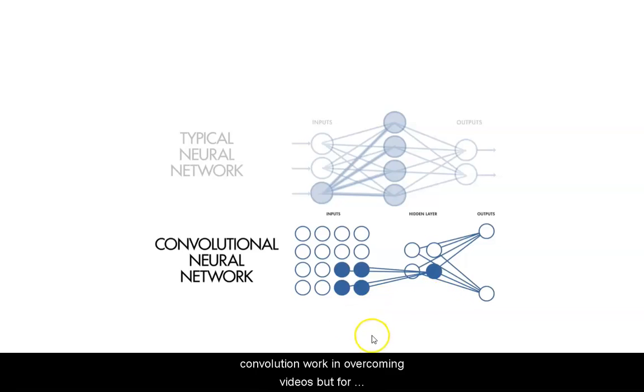But for now, just understand that the convolutional neural network gets its name, convolution, from this process of converting or mapping this local receptive field into a neuron of the hidden layer.